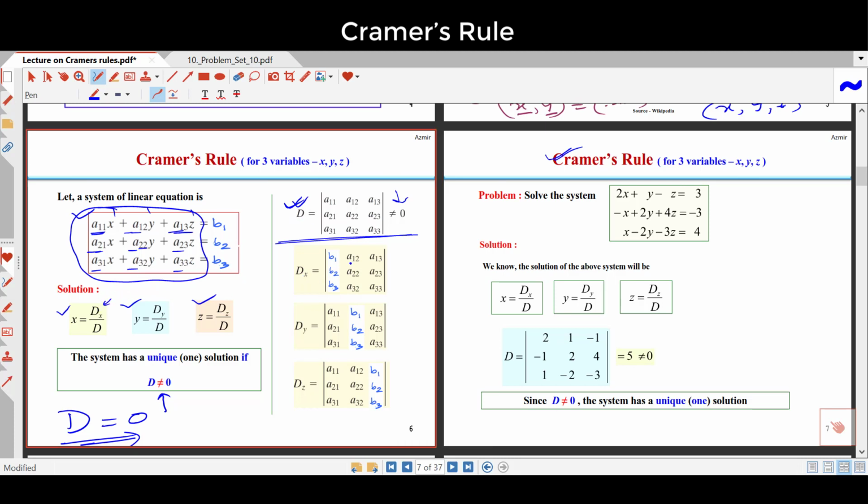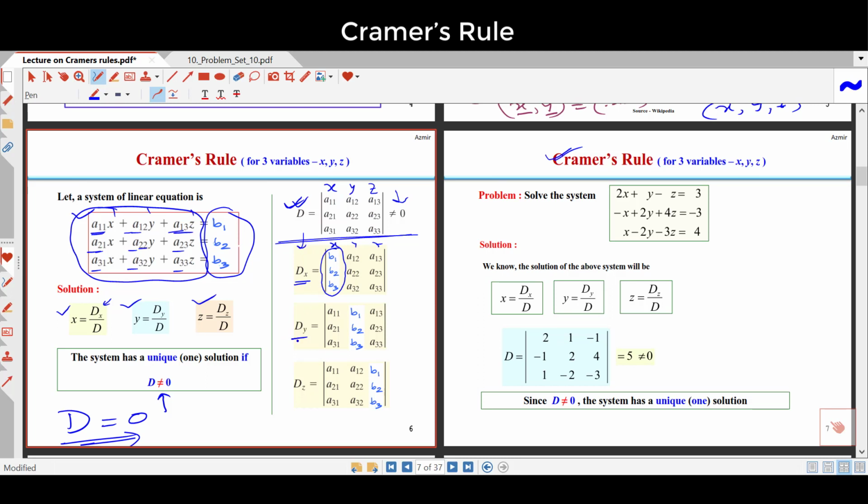D sub x is the same type of determinant, but the only difference between D and D sub x is here. The first column is for x, the second column is for y and the third column is for z. So whenever you are finding D sub x, in the first column, the column of x, you have to place the right side values b1, b2, b3.